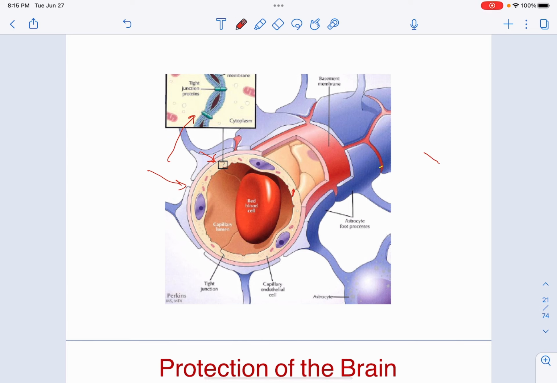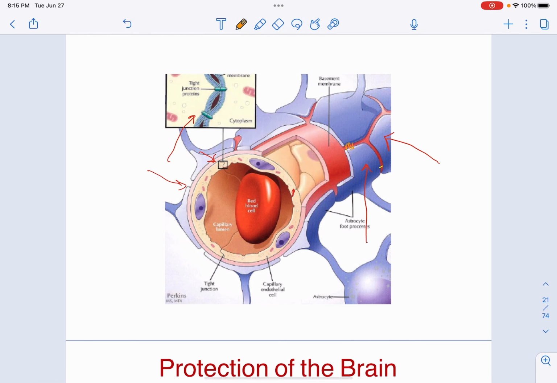But there are those foot processes from the astrocytes that are surrounding those blood vessels. So in this image, it shows that there are some gaps between those foot processes, but in reality, those gaps aren't there. They are also linked by tight junctions.